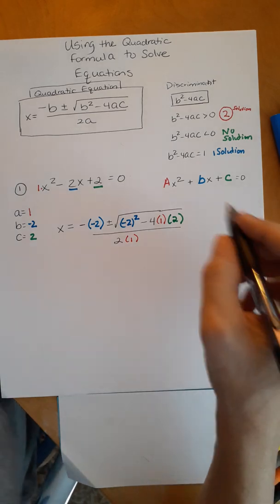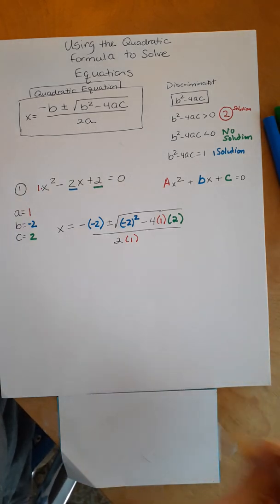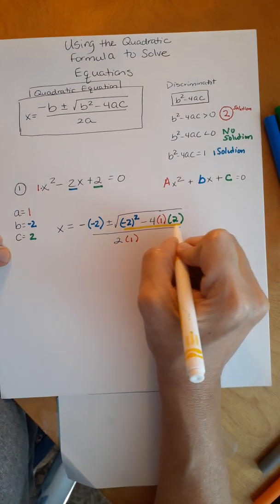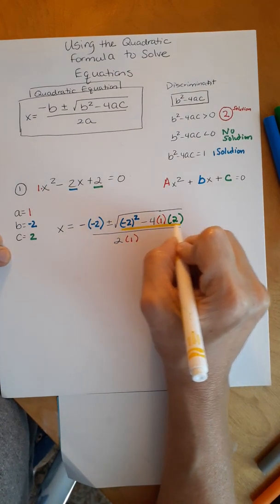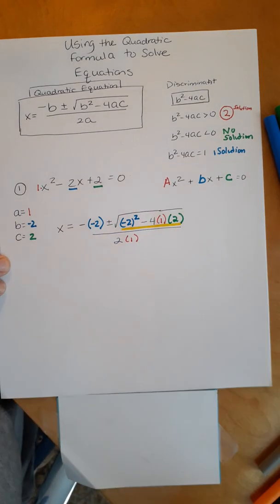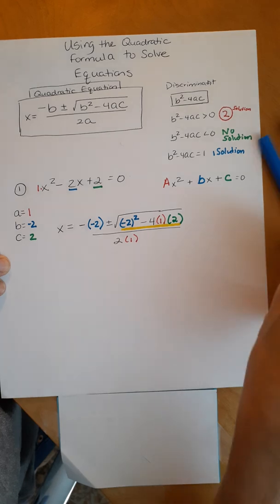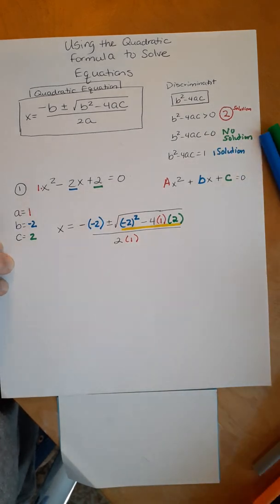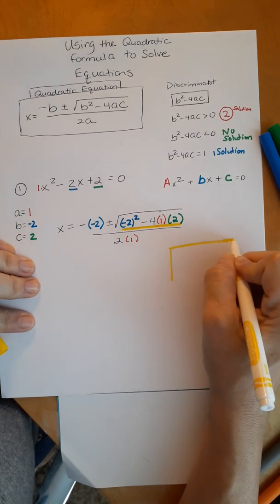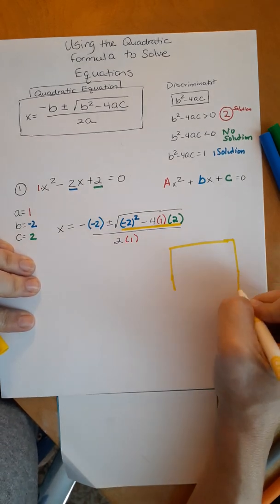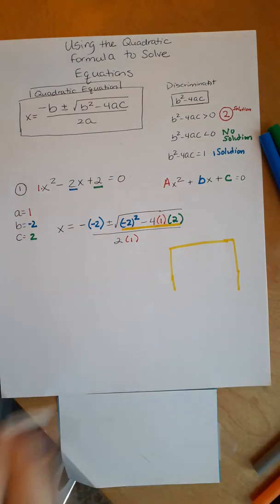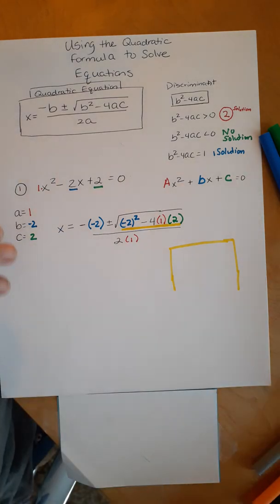Now, the first thing I'm going to do is I want to look at this piece right in here before I keep going. And I want to see what I get. I'm going to figure out what's inside that radical. So I'm going to put this right underneath here. And I'm going to rewrite it. Let me put it in a yellow box. All right, so let's see.